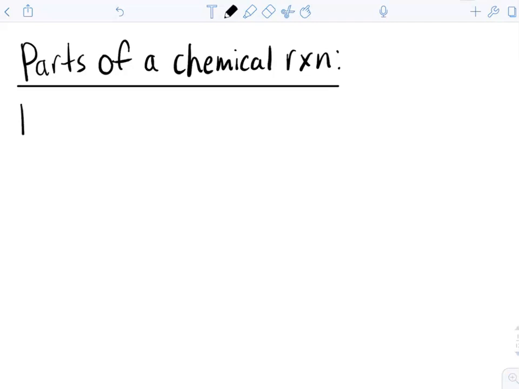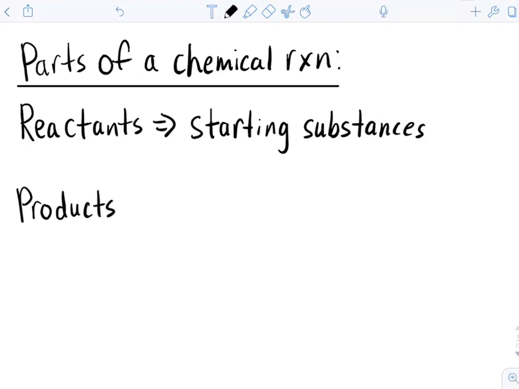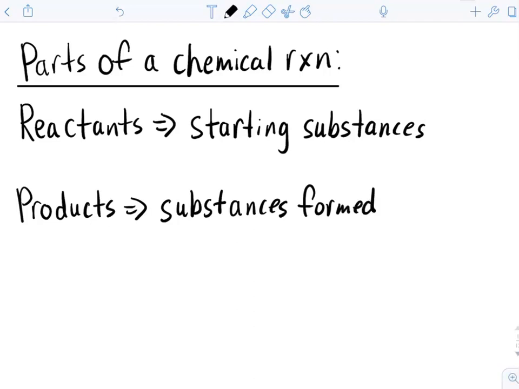So we have reactants, and these reactants are going to be our starting substances. And then we have our products. And our products are going to be substances formed during the reaction.